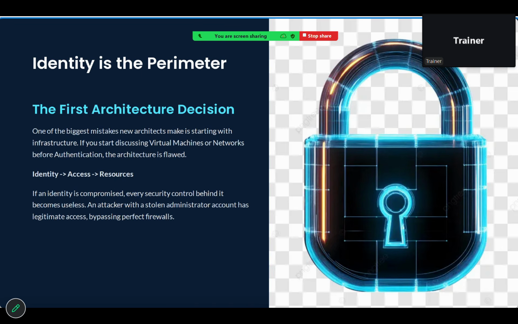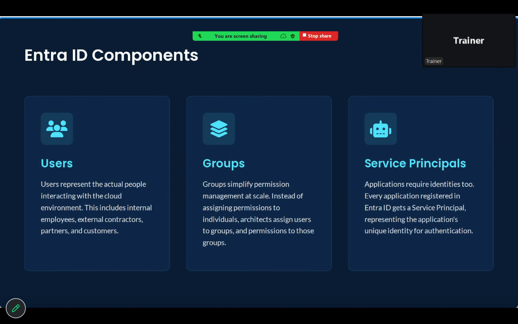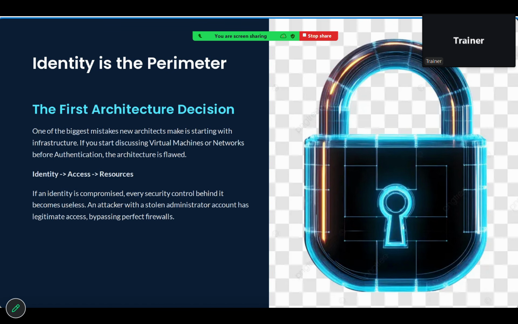Identity has a three-step process: first it goes to identity, then access, then you reach the resources.